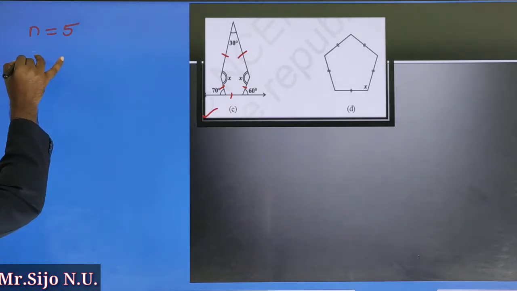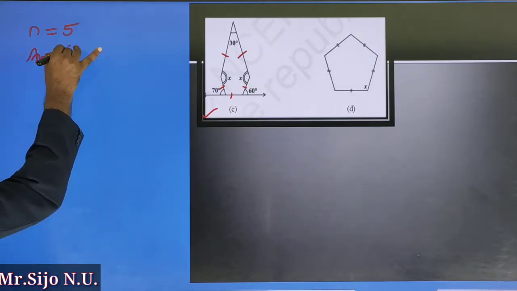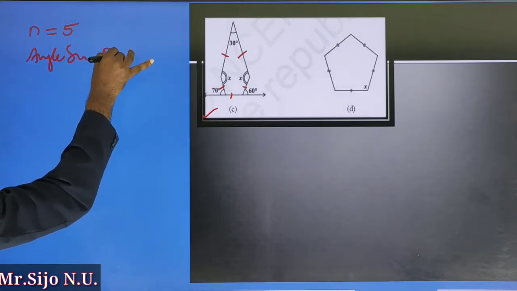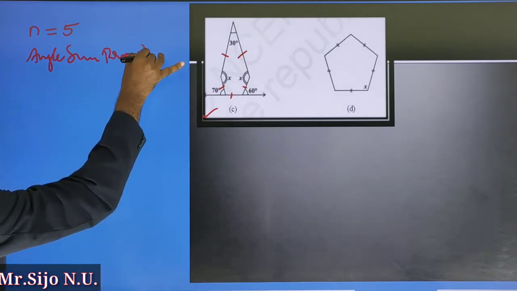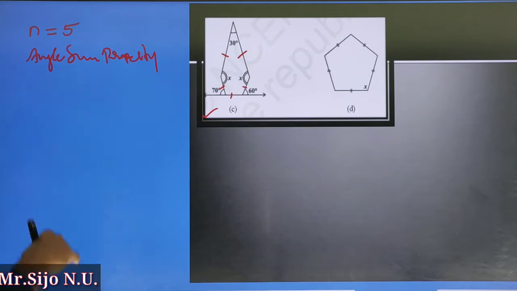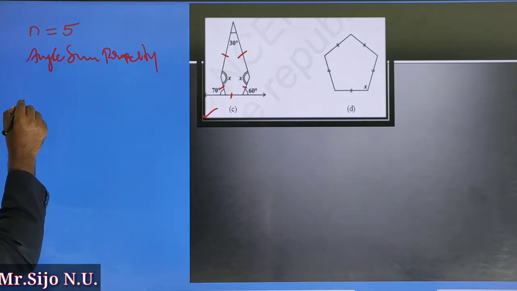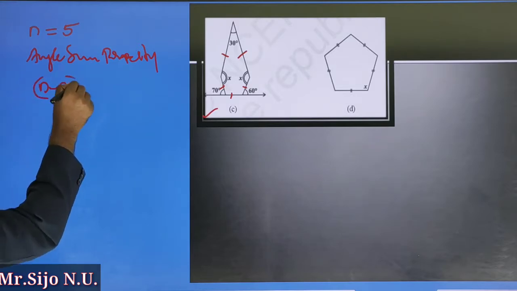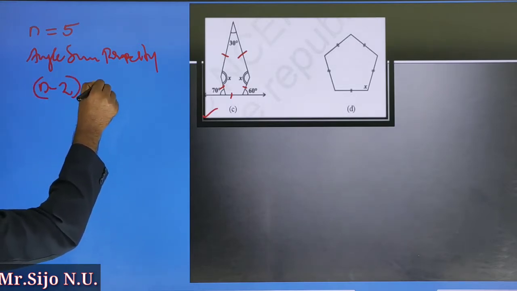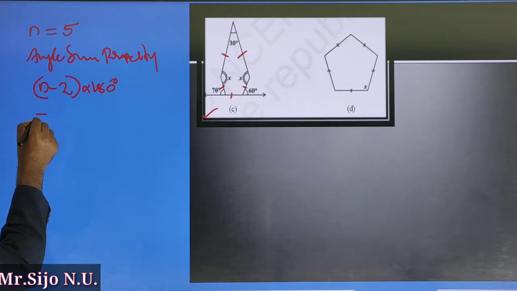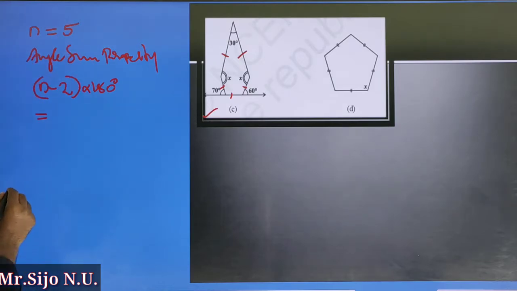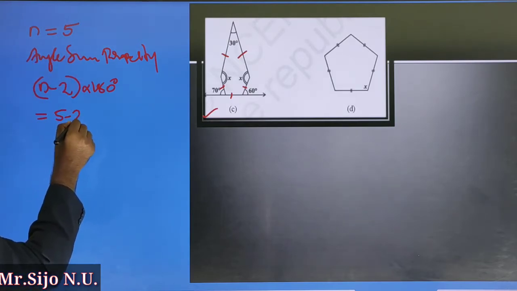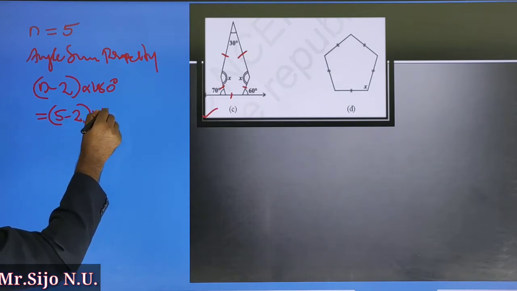So we know by angle sum property, the sum of all interior angles should be n minus 2 into 180. Here n value is 5. So 5 minus 2 into 180.